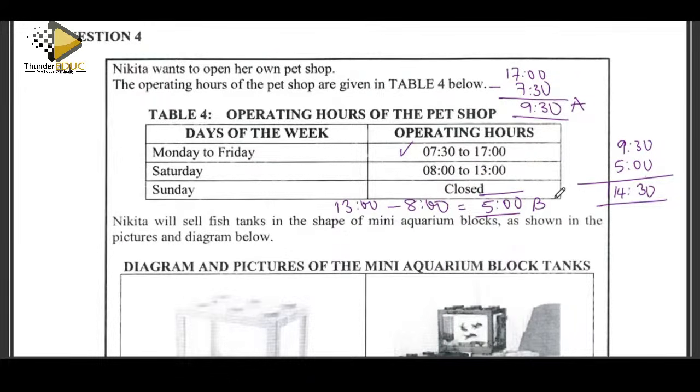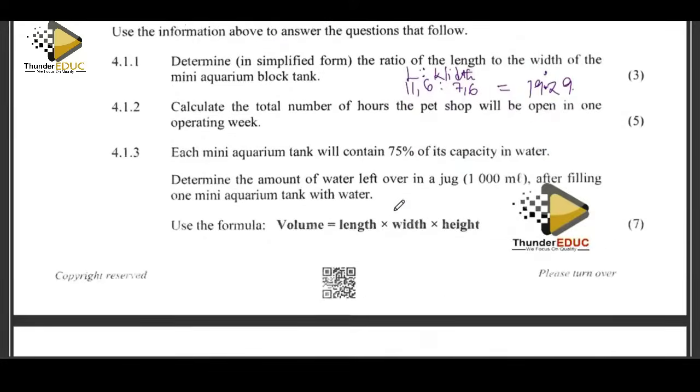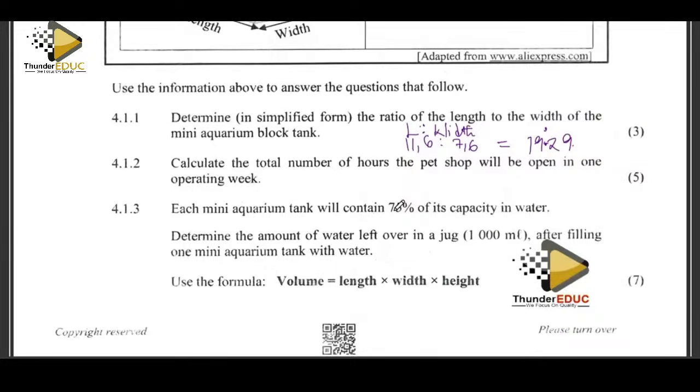Let's look at 4.1.3. Each mini aquarium will take 75% of its capacity in water. Determine the amount of water left over in a jar of 1,000 milliliters after filling one mini aquarium. First and foremost, you need to find the volume that is there at the moment.